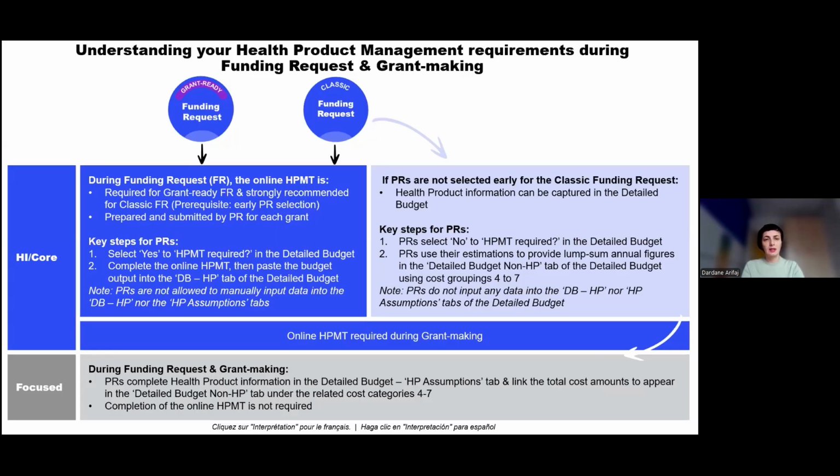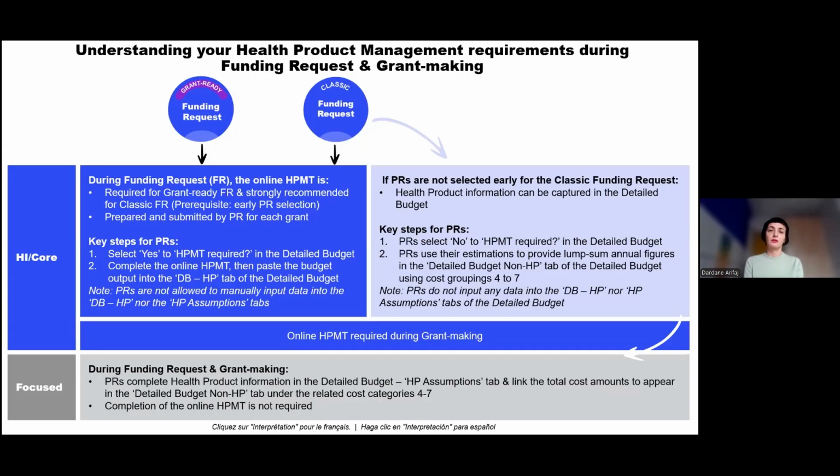If you submit the classic funding request, because the CCMs may choose to go through the whole writing of the narrative and may also have some PRs that are questionable, not sure whether they are going to continue to be repeated PRs or not, it is at the discretion of the CCM how they prefer to submit.